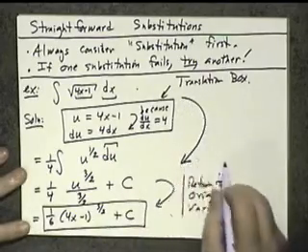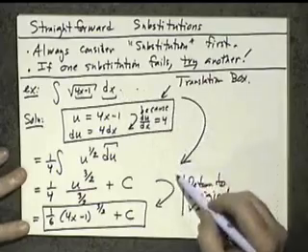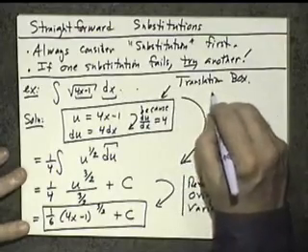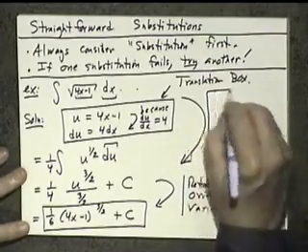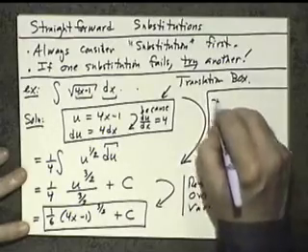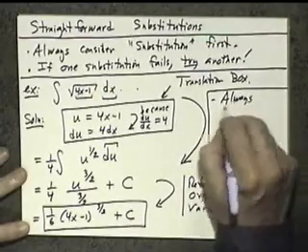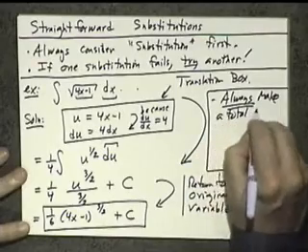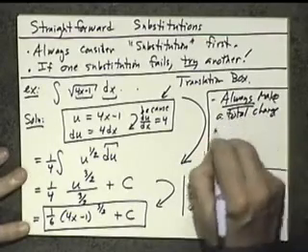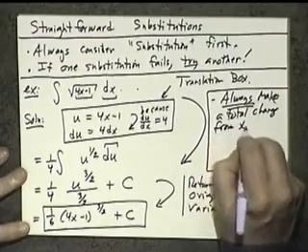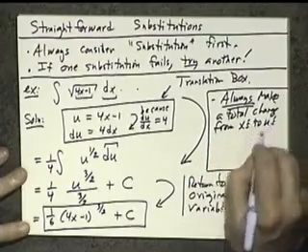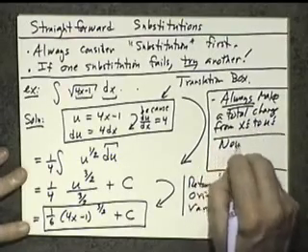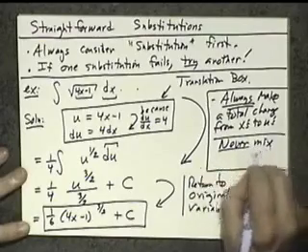Remember, too, that when you're going from the x's to the u's, here's something that will play a part later, but I want to go ahead and indicate it now. Always make a total change from x's to u's. That is to say, never mix variables.